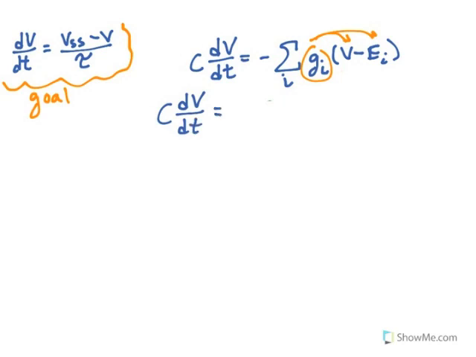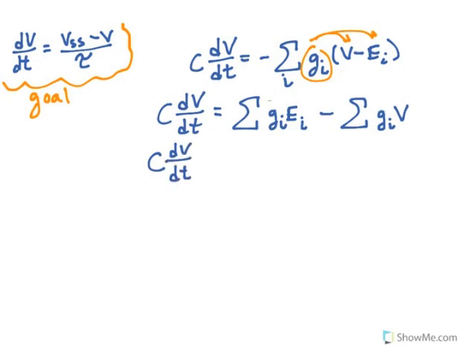I'm going to call this here tau V, and I'm going to call this here VSS. And then we can write our final form, VSS minus V over tau V.